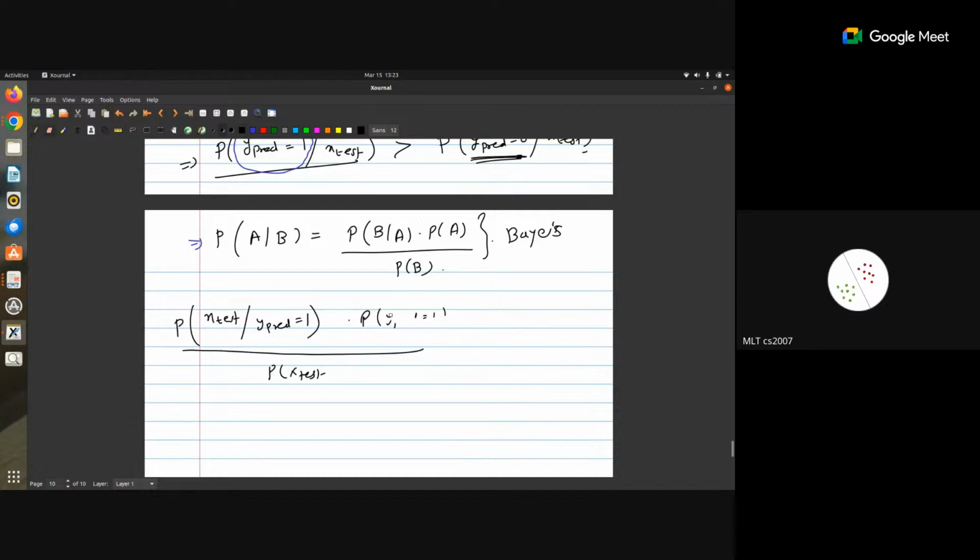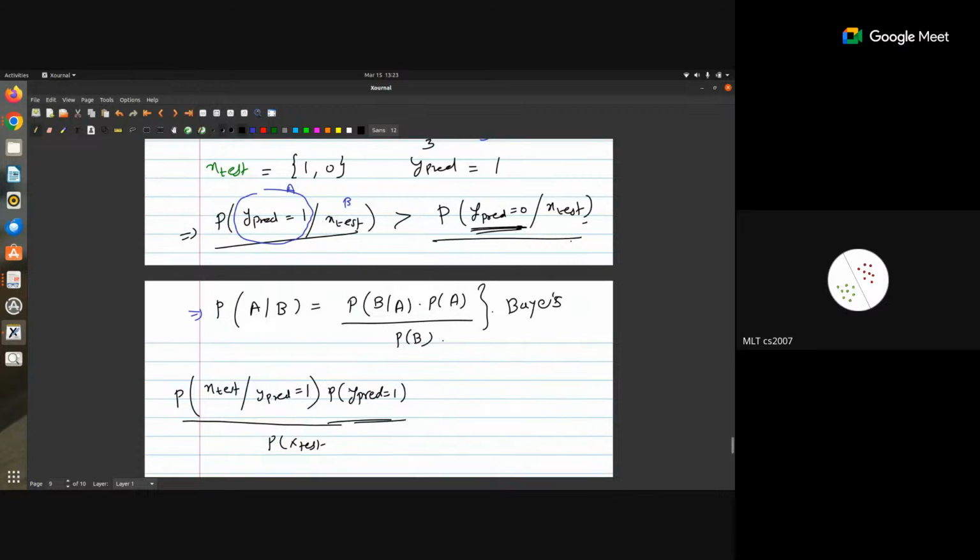What about this side? How will I write that part? Probability of x test given y prediction equal to 0, into probability of y prediction equal to 0, divided by probability of x test.